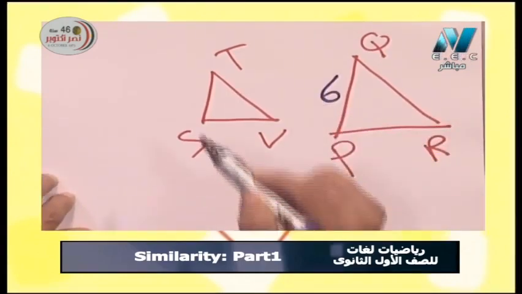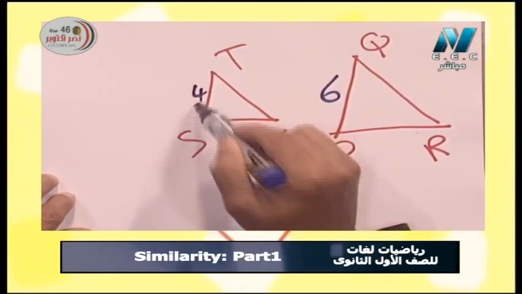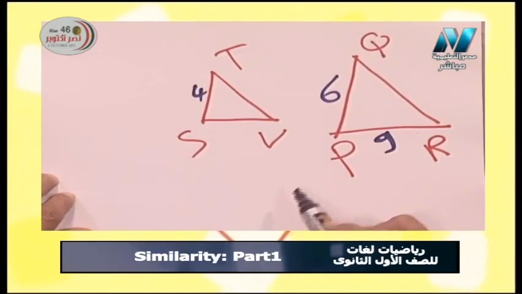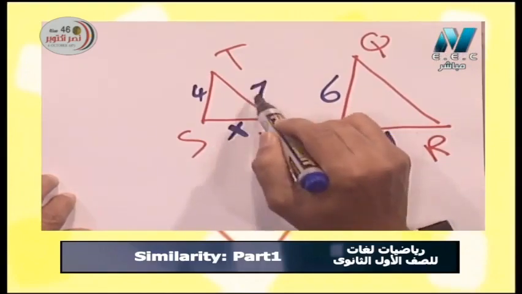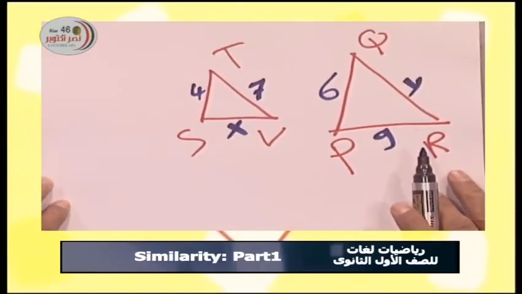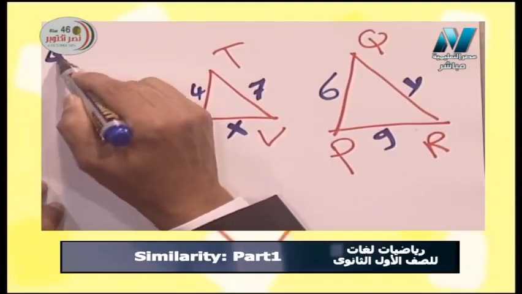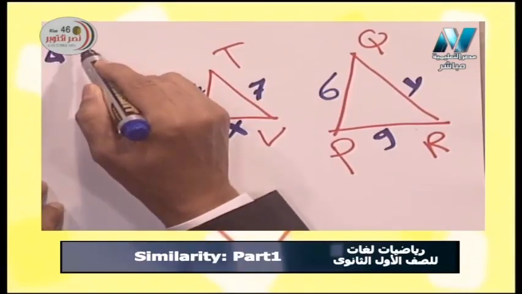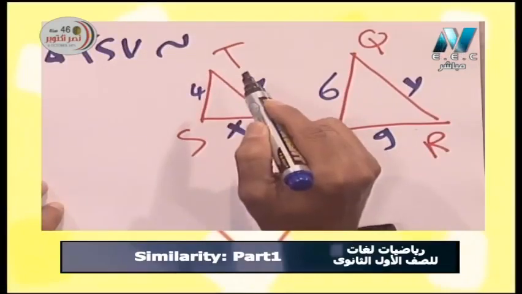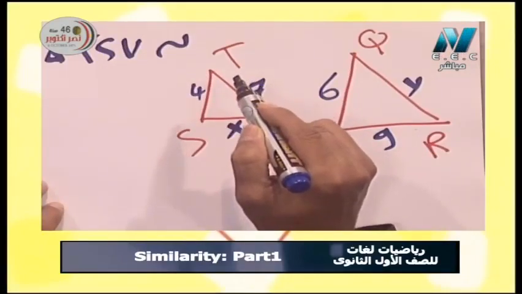The length of TS equals 4. This is 9, and this is X. This is 7 centimeter, and this is Y. And he told me that the triangle TSV is similar to triangle QPR.